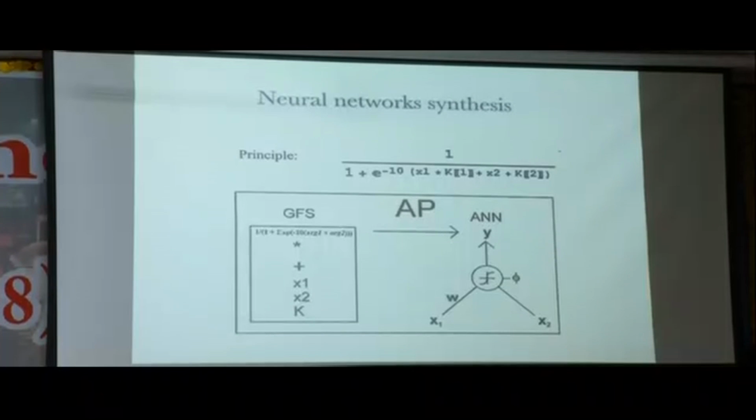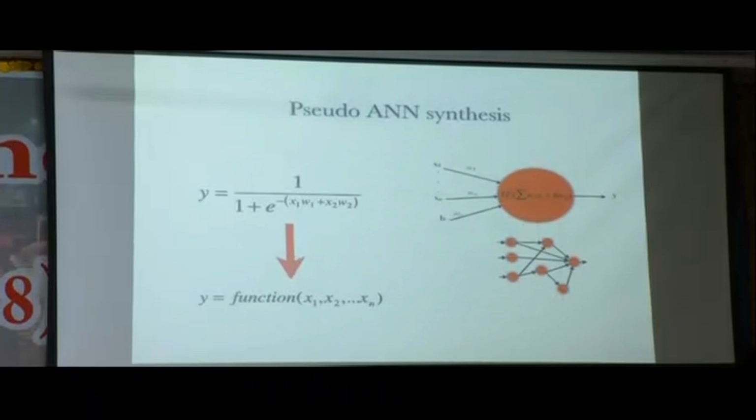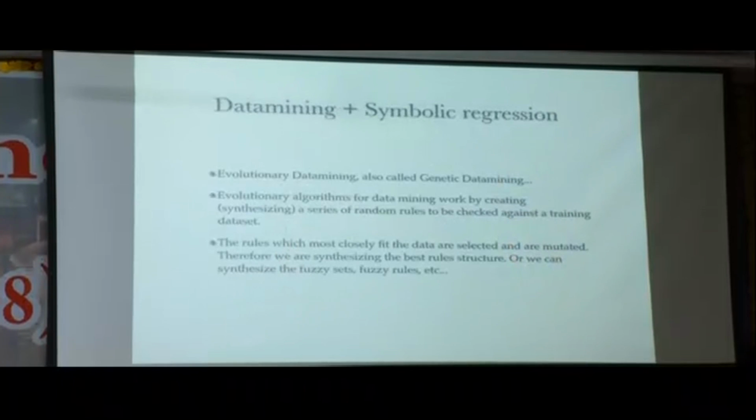You can also synthesize neural networks, using the components of the networks to synthesize your own structure, or you can synthesize pseudo-neural networks, which means you don't synthesize the components together, but synthesize the network as one big equation, because basically a neural network is nothing more than a big equation of the parameters.